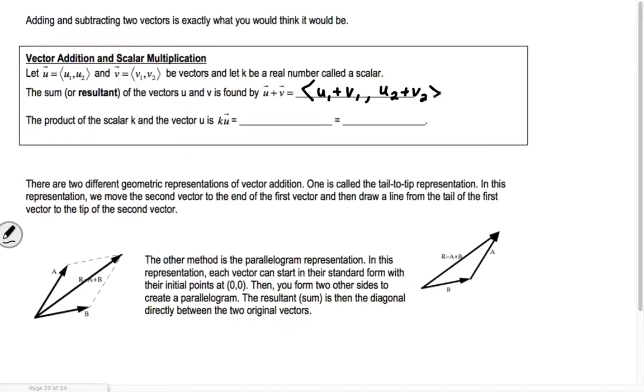So you just add the x values together, you add the y values together. And then multiplying, if you have k times the vector U1, comma, U2, you just multiply the k into both of them. So it's going to be k U1, comma, k U2.